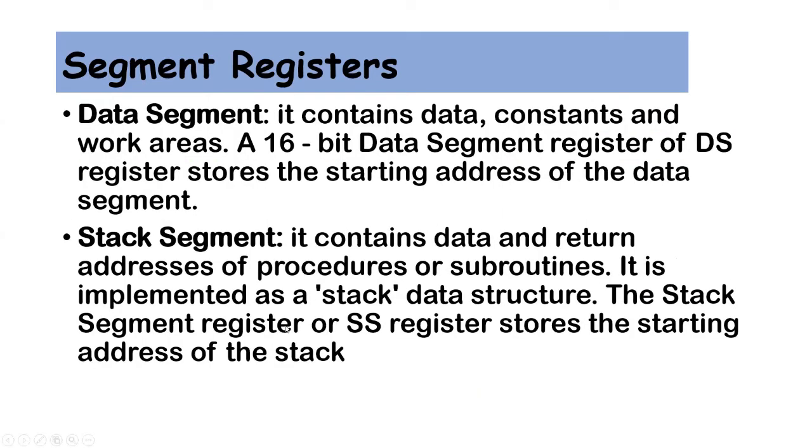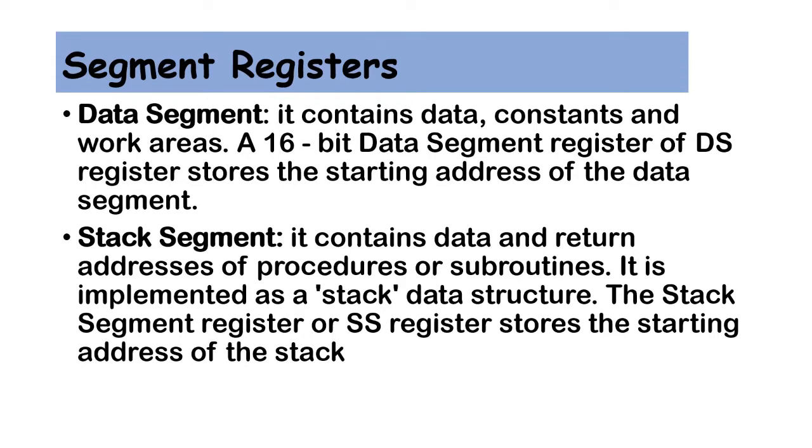Right. Then the next one is the data segment. It contains the data and constants, okay? Just like what we saw before I started the slides, how you use EQU to define a constant. So this segment of the registers in the processor will contain the data, constants, and other work areas.